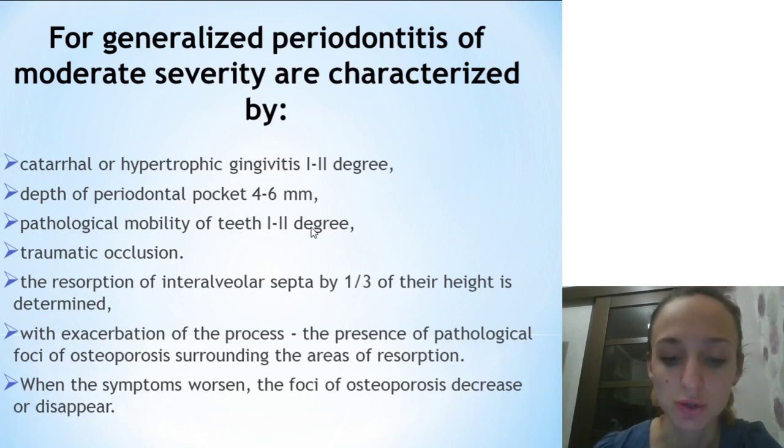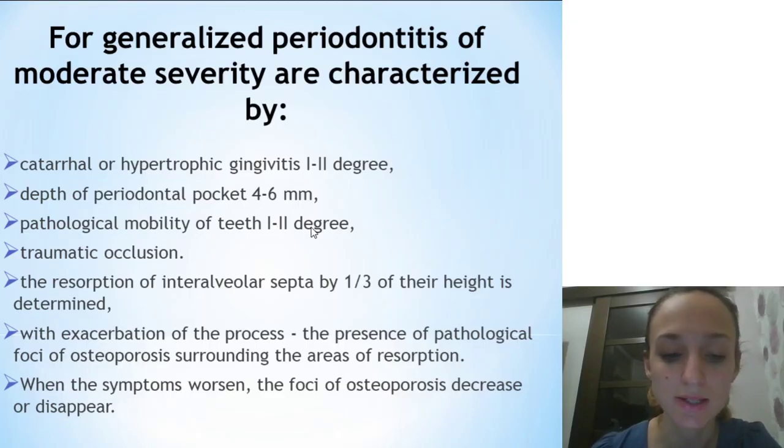For determination of the final diagnosis, it is necessary to use X-ray examination. In case of chronic gingivitis, osteoporosis of the tops of the septa without loss of integrity of the cortical lamina of the alveoli is possible.